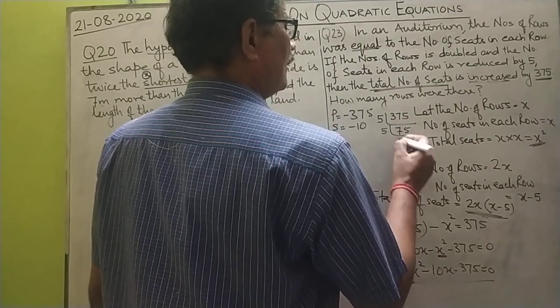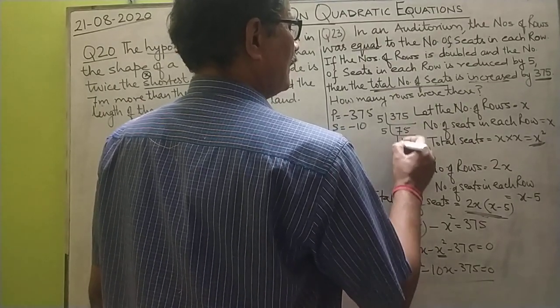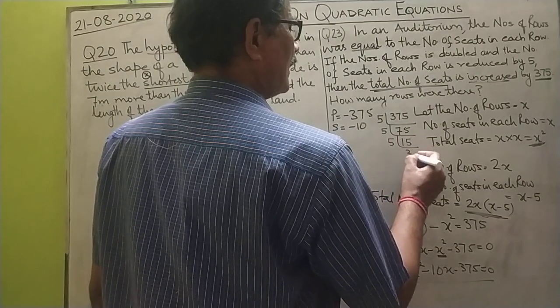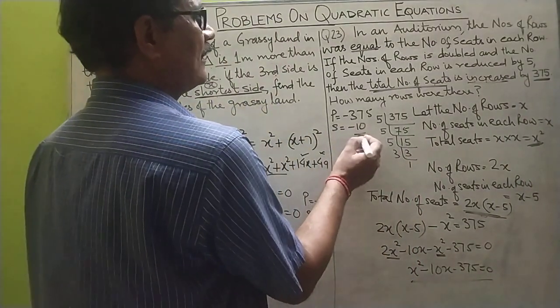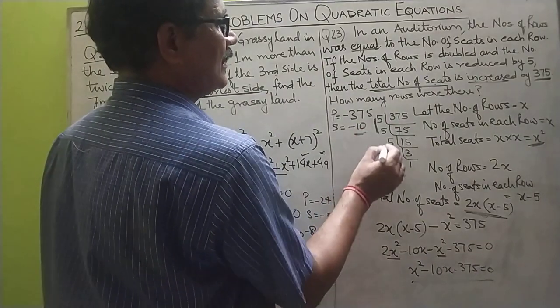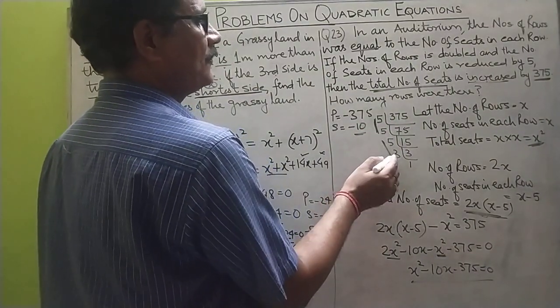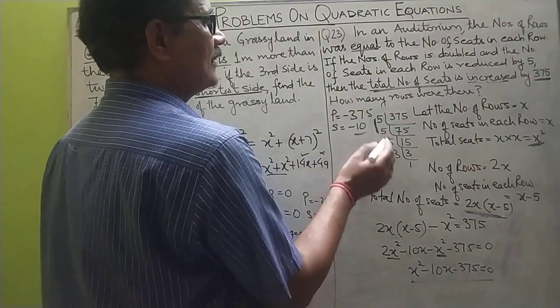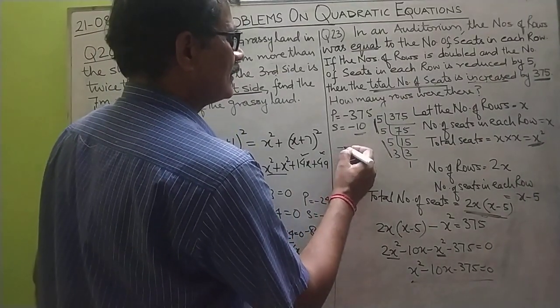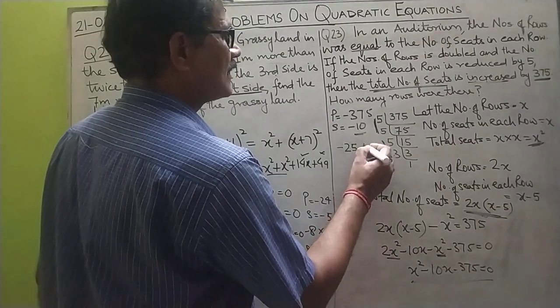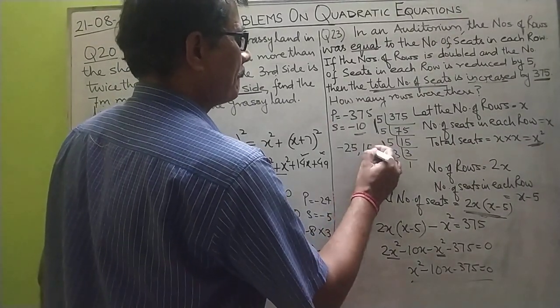Dividing by 5 again, we get 15, and then again divided by 5, it becomes 3, and 3 ones are 3. Now we can see that we need 10. So 25 and 15. 25 into 15 will be 375 and difference is also 10, and since sum is to be negative, I take the greater, that is minus 25 and then plus 15.